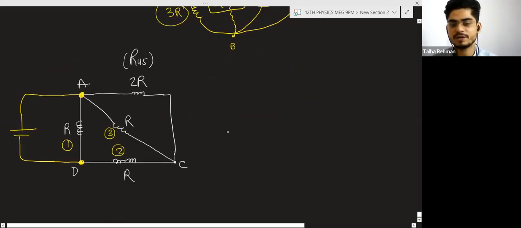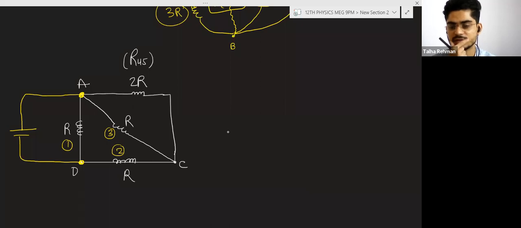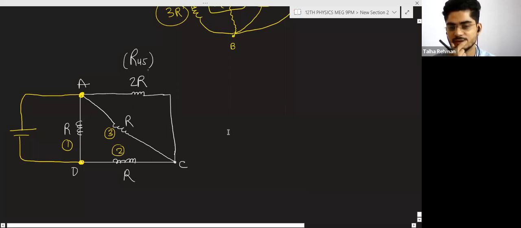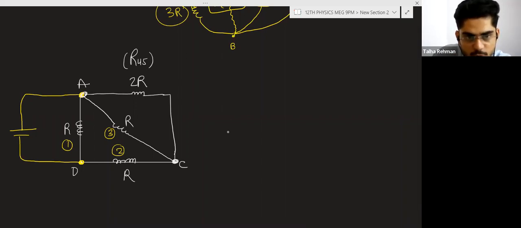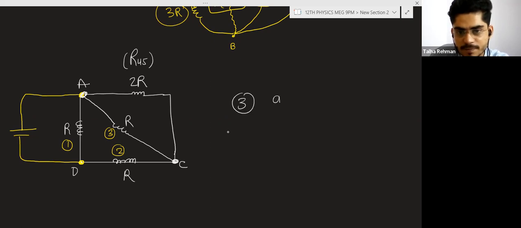Now Hamza, we have to observe the circuit and identify once again which resistances are connected in series and which are in parallel. See this point and this point, A and C. You can see this R3 is connected with 2R end to end, means resistance 3 and resistance R45 are connected end to end.